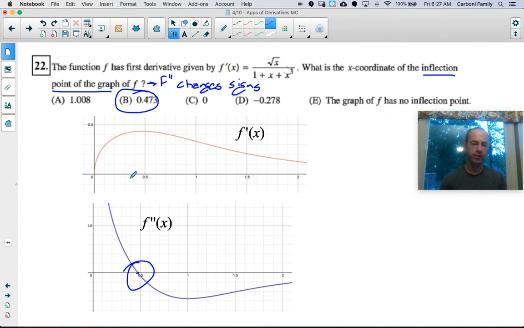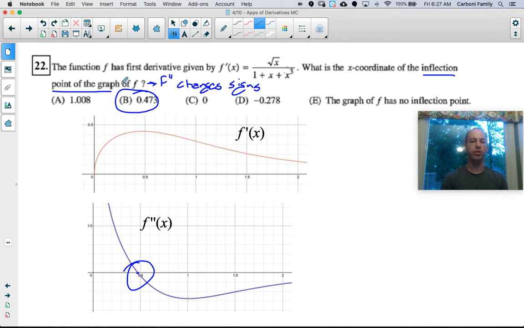I can look at the graph and tell that it's going to be 0.473. However, there's an easier way, or I guess it's quicker, because that really wasn't that difficult. And you need to know this method, because sometimes they can present the problem that really makes this significantly easier.